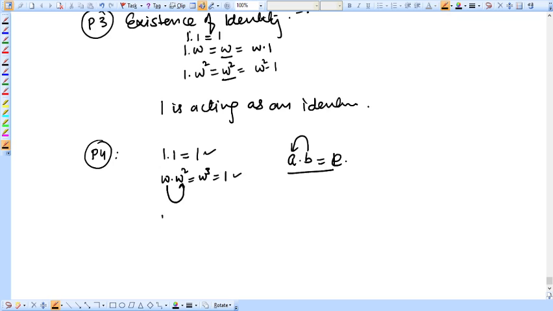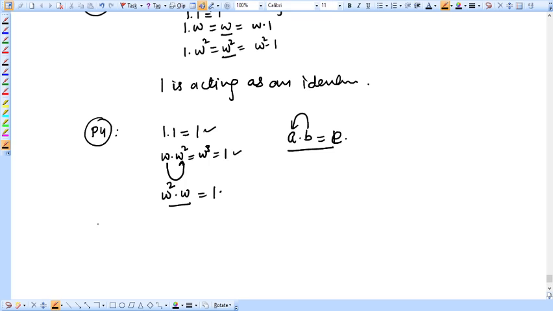And what is the inverse of omega square? The inverse of omega square is omega. So the inverse of all the elements exists in this case. Therefore the fourth property, existence of inverse, is also satisfied.